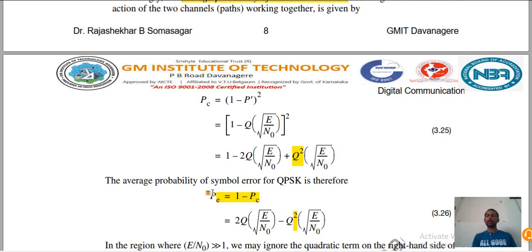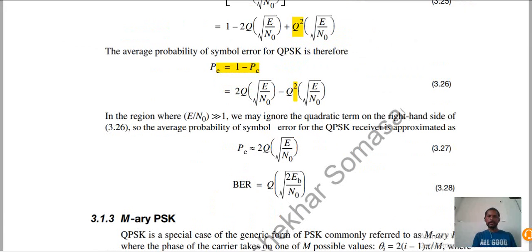The 1 gets cancelled, and thus minus 2Q becomes plus 2Q, and the Q squared term, for example if Q is 0.001, its square gives a very small value, so we omit that part. Finally, the probability of error will be 2 times Q of square root of E by N naught.